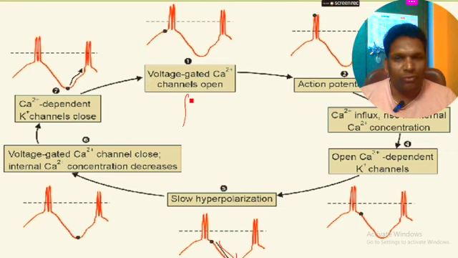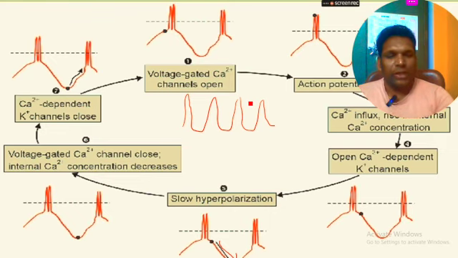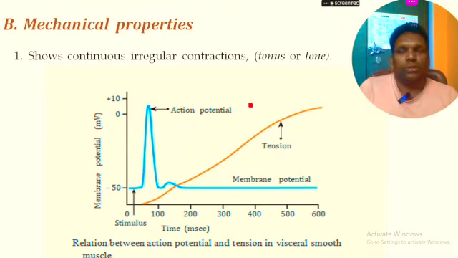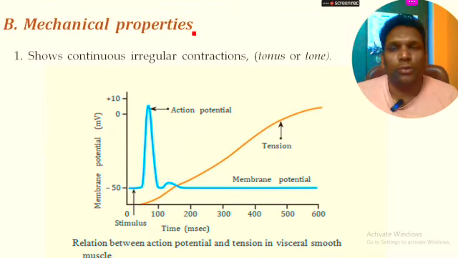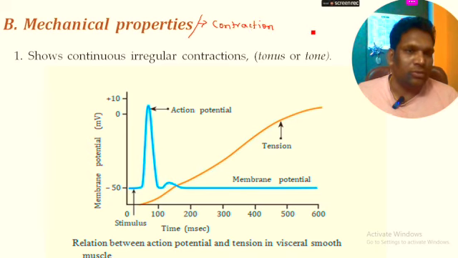So coming to the mechanical properties, one of the properties of the smooth muscle is contraction. We have studied in the skeletal muscle also, when a muscle is in a relaxed state, some sort of tone, some sort of contraction remains in the muscle, and this is called tone or tonus.